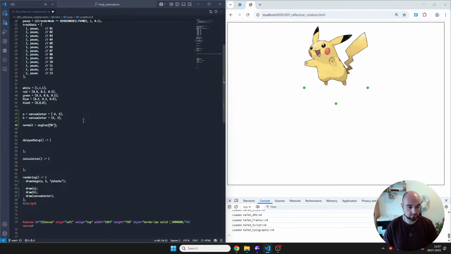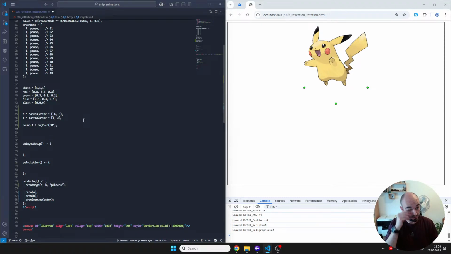And how do I want to draw it? I want to make a line object up here. So let's say the direction one, so let's also have the direction of the line. This is the perpendicular of the normal vector.